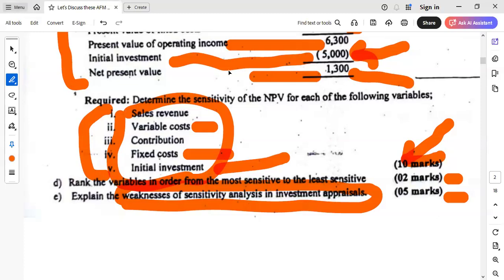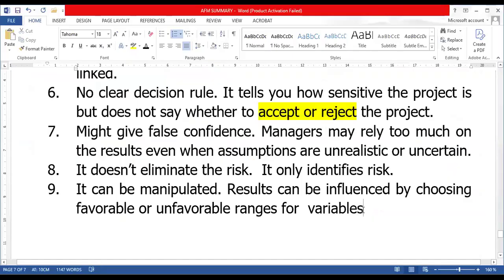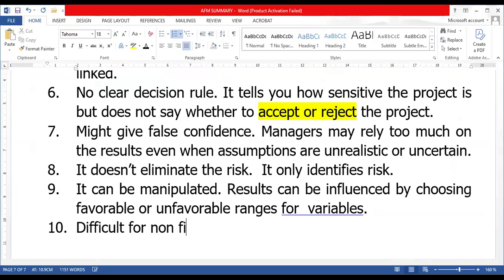Okay. I think those points are really enough and easy to recall. But do you think it is easy for everyone? Do you think a non-manager can understand this? It is difficult for non-finance managers.